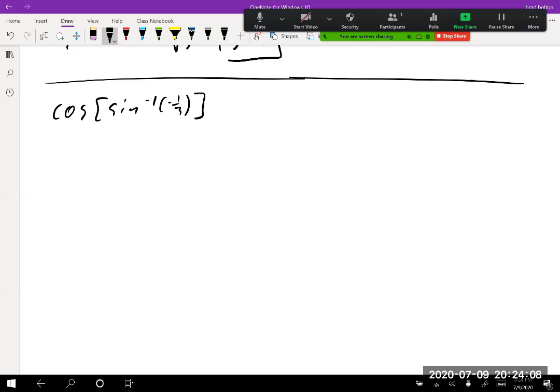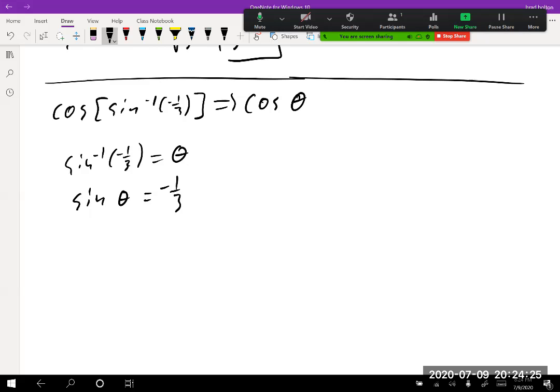Okay, and remember, this is really just saying cosine of theta, because sine inverse of -1/3 is equal to theta. But what that's really saying is the sine of theta is worth -1/3. Remember, that's what arc sine is saying, is this is the ratio that's created, and what angle would have made that happen.